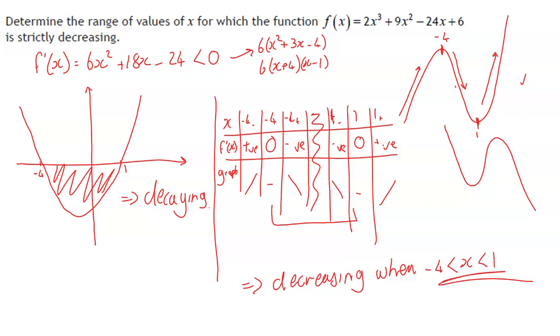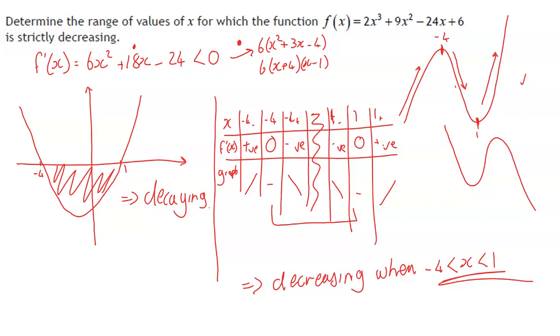So a question like this one here is worth 4 marks. First mark, derivative. What am I going to do? Second mark is for determining where it's going to change. So your negative 4 and 1, determining what's happening. Now the third and the fourth mark are linked.